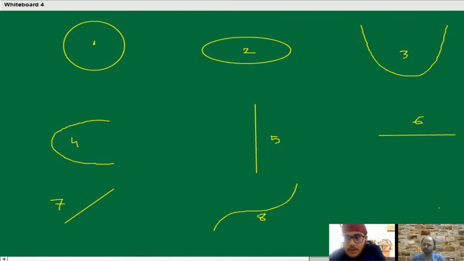So how can we have an idea about this, Manu? How can we check whether we should consider a graph as a function or not? Is there any rule? No, sir. Manu, we just have to stick to the basics.